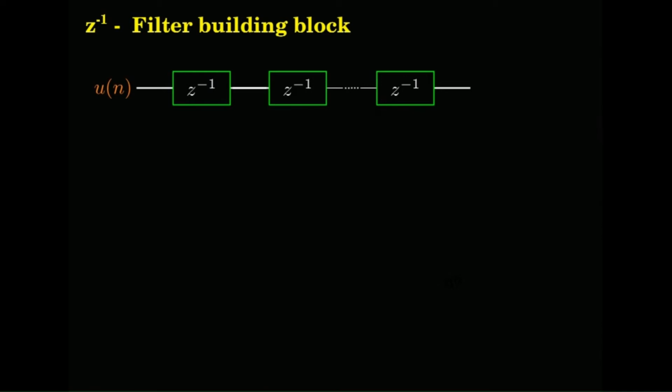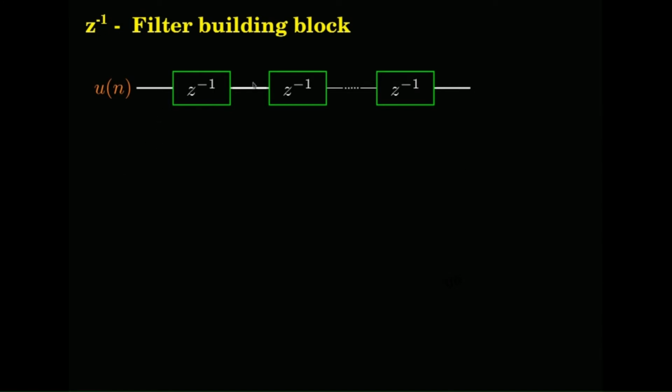So let me have an input stream u(n). Now I am going to pass it through a series of Z to the power of minus 1 blocks, a series of unit delay blocks. I have 1 unit delay block, another unit delay block, and so on. I will have m unit delay blocks in series like this. So if I take u(k) here, it will be u(k minus 1) here, u(k minus 2) here, and so on, up to u(k minus m).